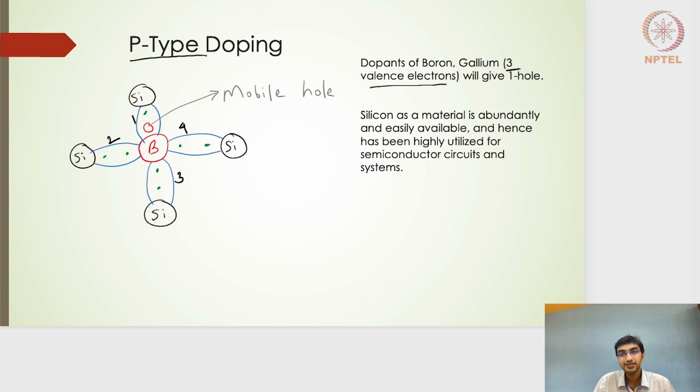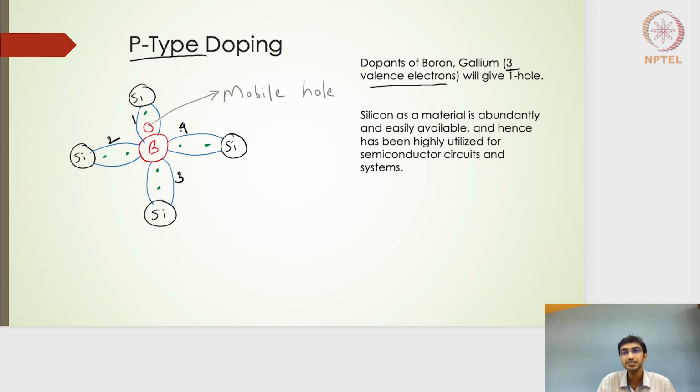The p-type dopants give us the positive majority carrier: the holes move towards the negative terminal, and that's why we call it p-type doping. The last one was N-type doping, where the negative carriers, the electrons, move towards the positive potential, and hence it is called N-type doping.